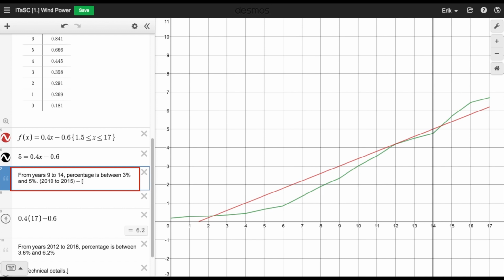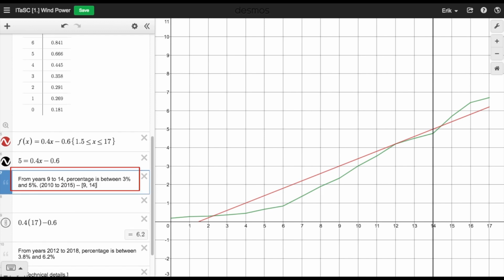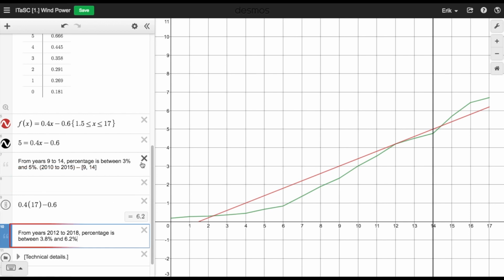So since we're including our endpoints, we take a square bracket, 9 to 14. In the other version, we knew what the years were. We wanted the percentage, so our answer would be an interval of percent values, and in this case, 3.8 up to 6.2. In both cases, we list these values in increasing order.